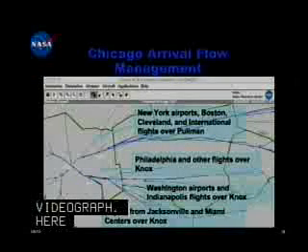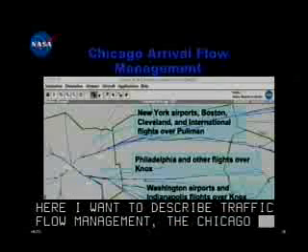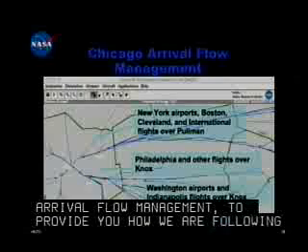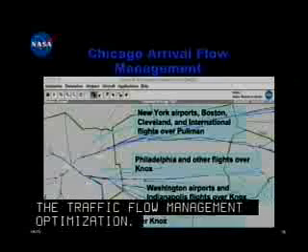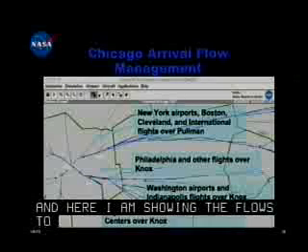Here, I want to describe the Chicago arrival flow management, to show you how we are approaching the traffic flow management optimization. Chicago is always congested. And here I am showing the flows to the Chicago airport through two fixes, Pullman and Knox, for flights coming from the East Coast.